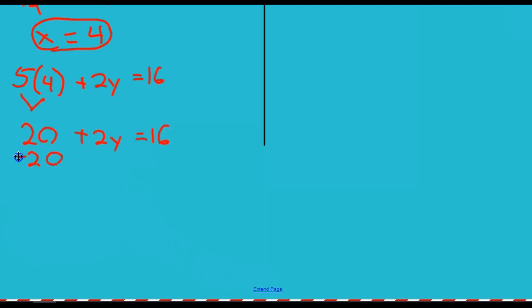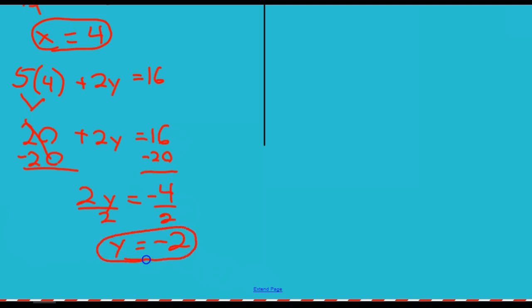I'm going to subtract 20 to get rid of it. So we get 2y equals 16 minus 20, which is negative 4. And divide by 2, y equals a negative 2. So our solution then is x equals 4 and y equals negative 2.